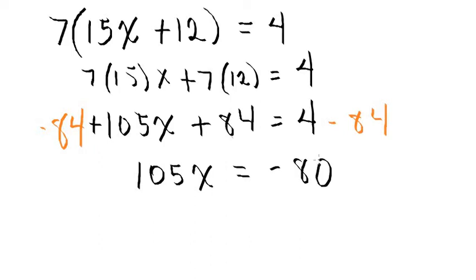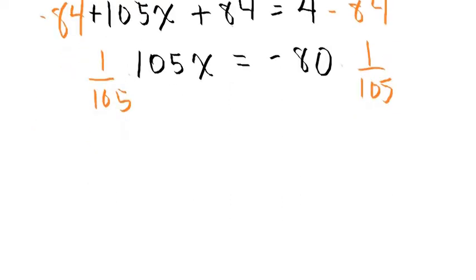And now we'll want to multiply both sides by the reciprocal of 105. Alright, 1 over 105. So we got the reciprocal here, and that's going to leave x with a coefficient of 1, but remember we don't write that anymore.